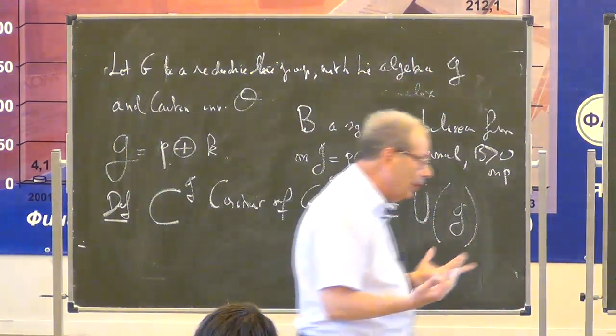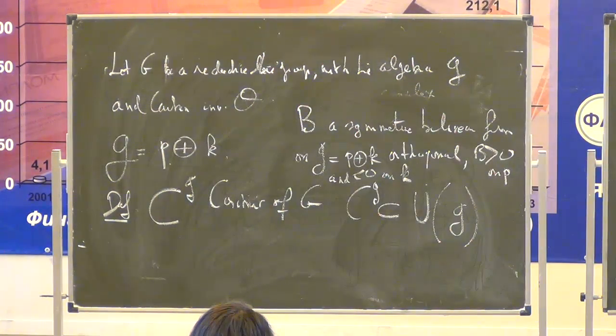It can be typically, but not always, the Killing form. In the classical case, groups like SLnR and so on, there is this B.